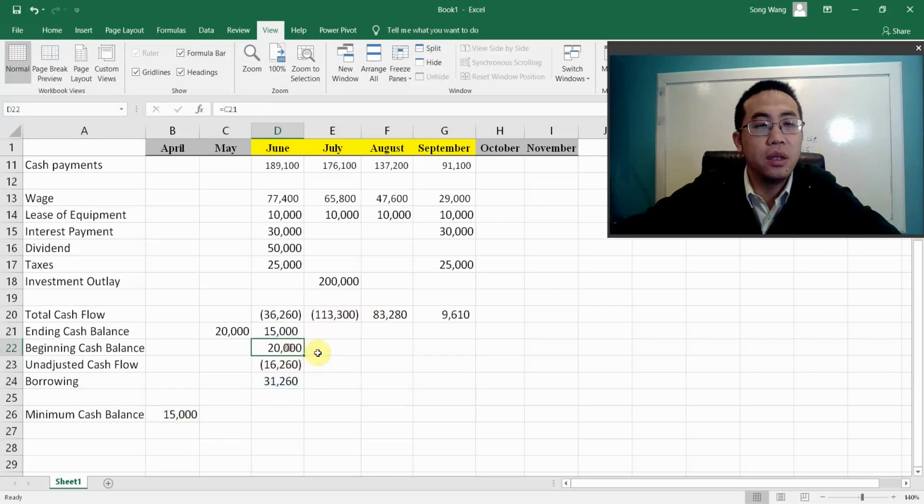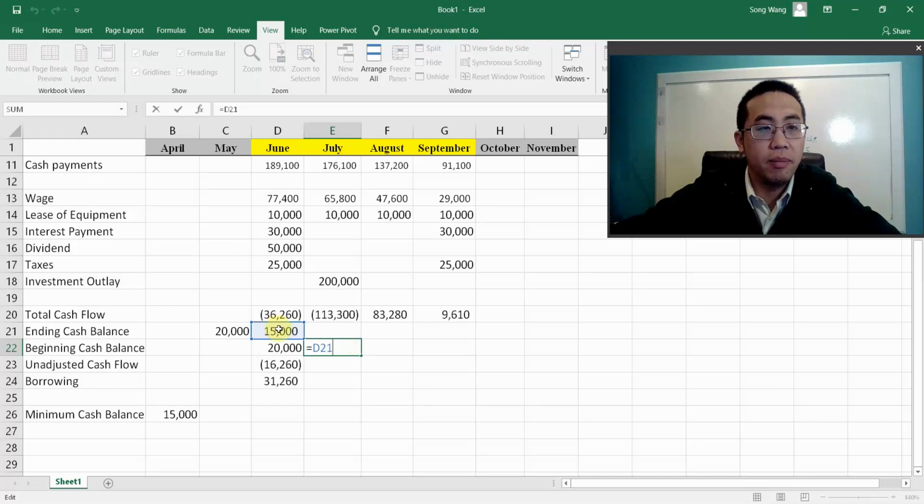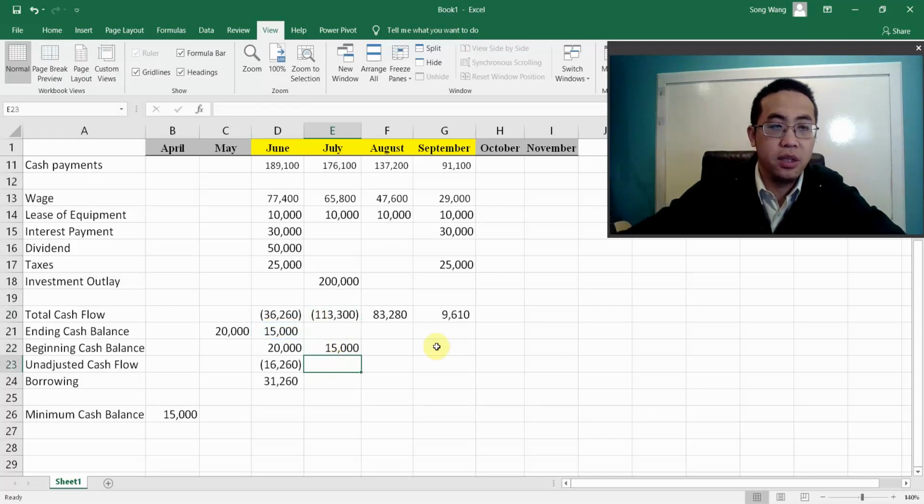So for July, I'm going to drag the cell. My ending balance of June is my beginning balance for July. And in July, I'm running a bigger hole, mainly from my capital expenditure, the investment outlay right here.